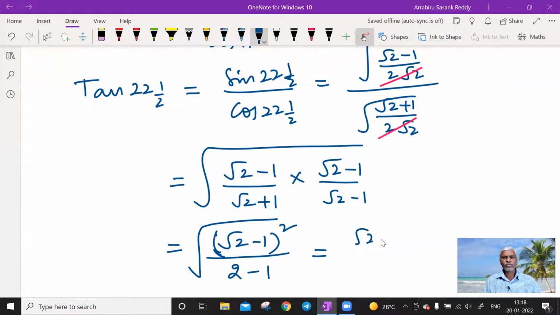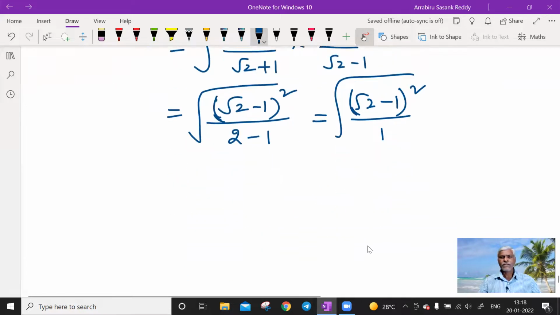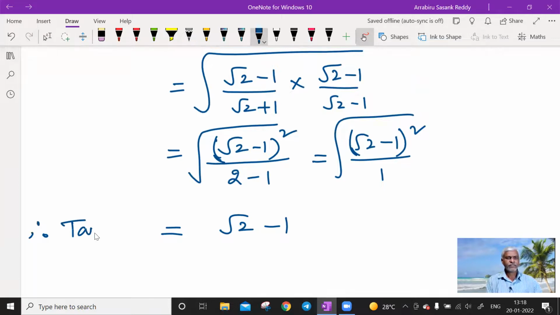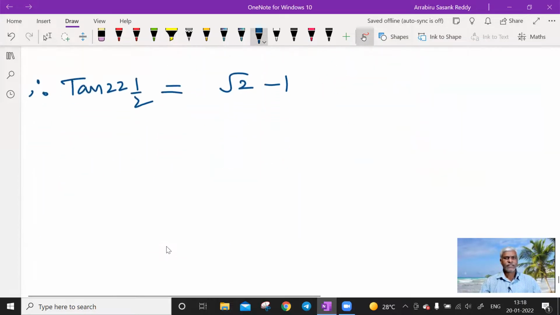That is root 2 minus 1 square by 2 minus 1, which is 1. So the root and square will get cancelled. So this is root 2 minus 1. Therefore tan 22 and a half is root 2 minus 1.